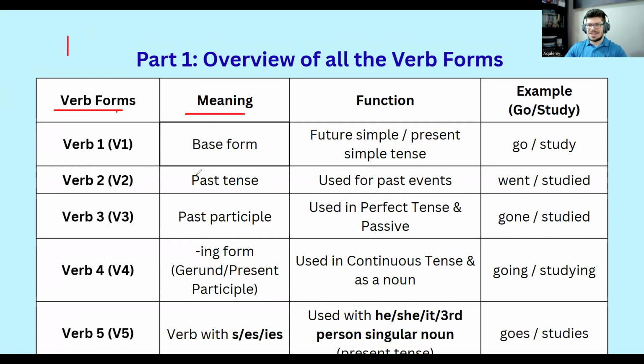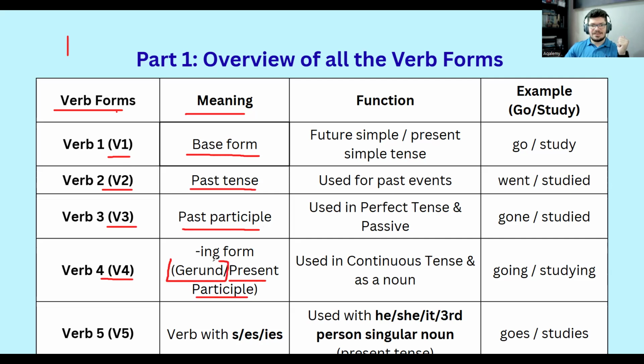And here is the meaning. Now, sometimes it depends on the teacher and what book you use. Some people will say base form, it means verb 1. Past tense form, verb 2. Past participle, verb 3. Present participle, verb 4.